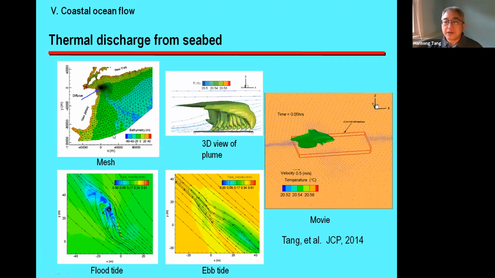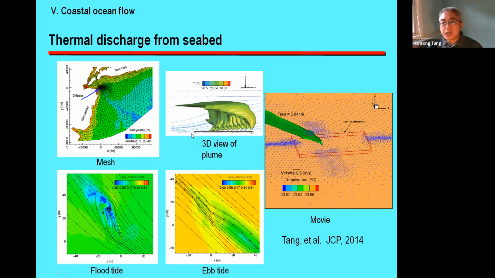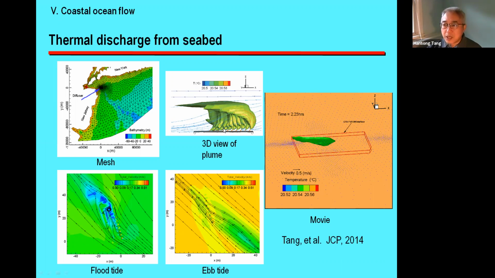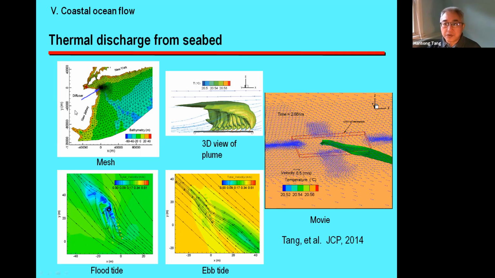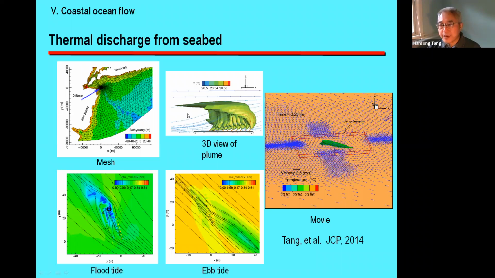In this example, we consider thermal discharge, or hot water discharge, from the bottom of the ocean from this pipe, 1 meter in diameter, and it has a few ports from where hot water is discharged. Because the tide flows, ocean flow goes forwards and back. So the simulated plume here is going forwards and back.